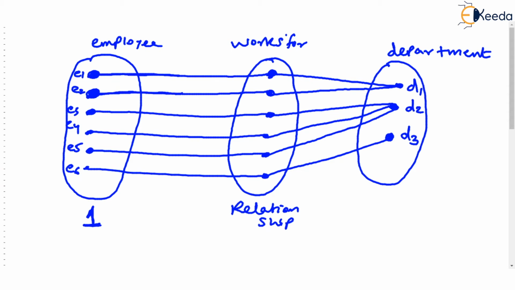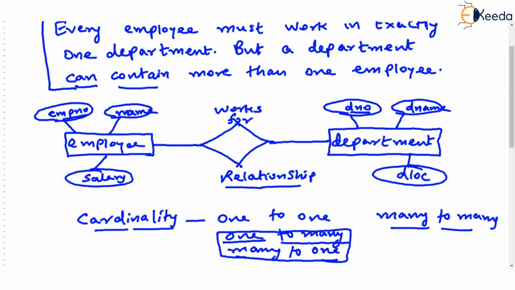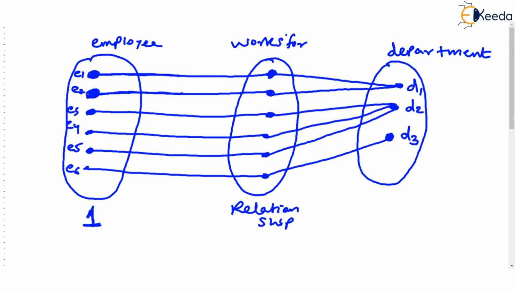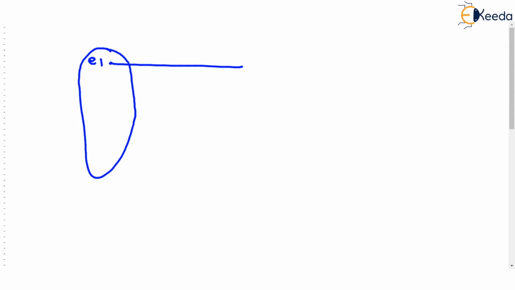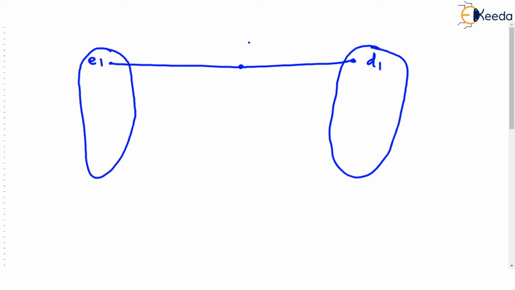And why is there only one line coming out? Why not multiple lines? Because it is told in the requirement that every employee must work in exactly one department. So we cannot have something like this: E1 works for D1. This is departments and this is works for.